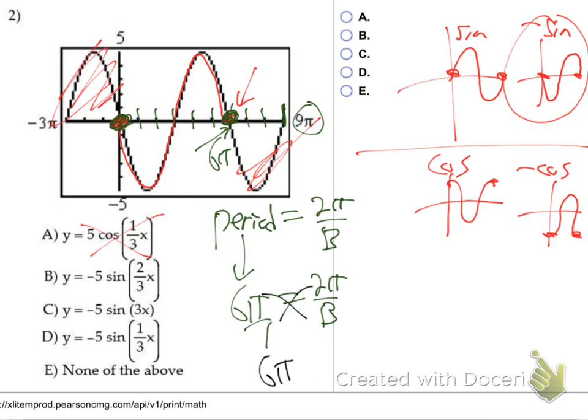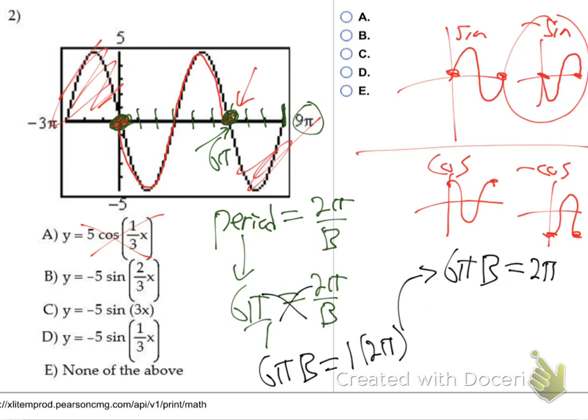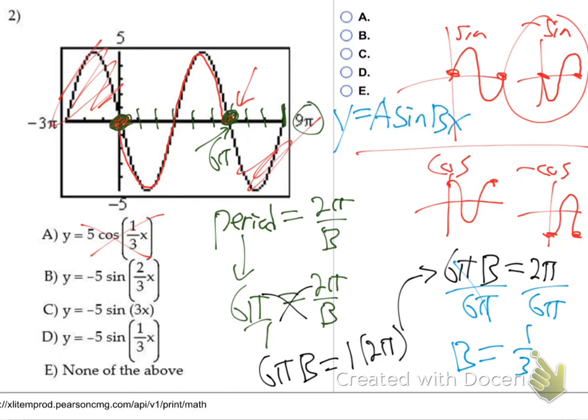Diagonal, diagonal. 6 pi times b is 1 times 2 pi. 6 pi times b is 2 pi, last step. Divide by 6 pi. b is 1/3. So this is y equals a sine bx. What's the 1/3? It's the one that's 1/3, so it's this one, isn't it?